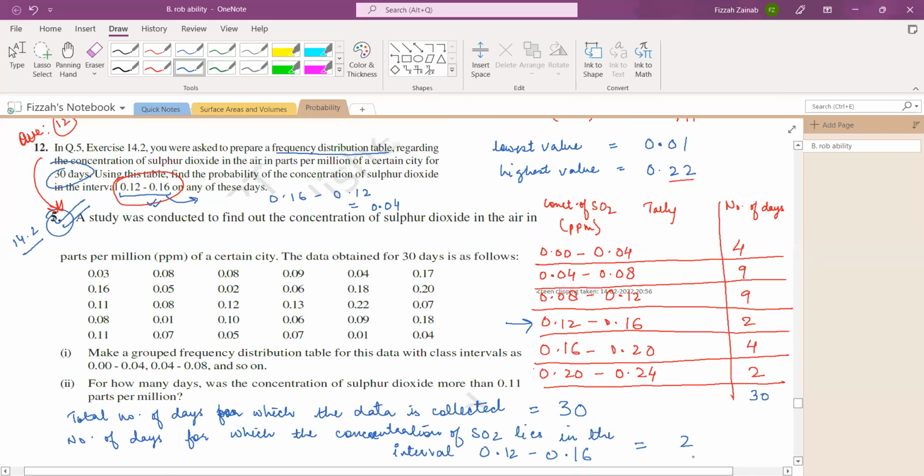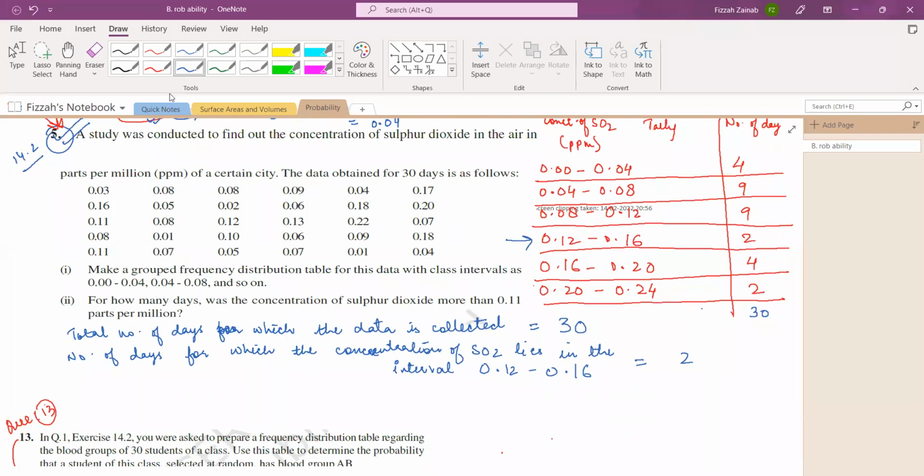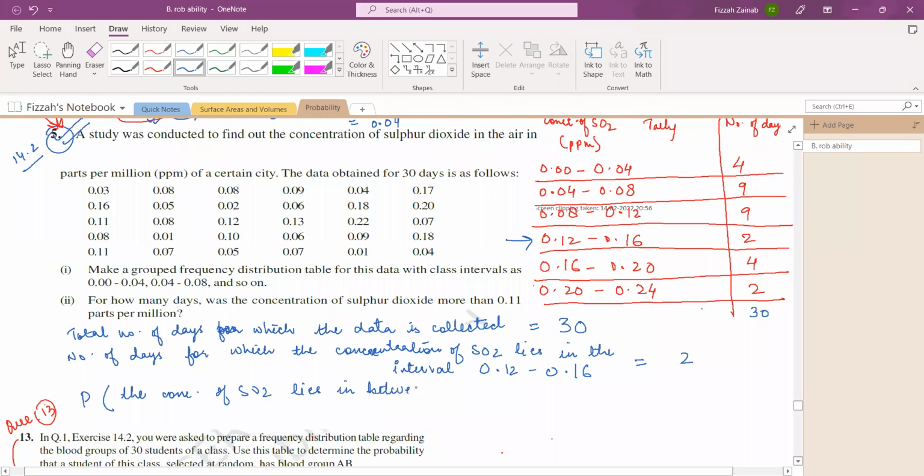So the probability that the concentration of SO2 lies between 0.12 and 0.16 on any day becomes 2 divided by 30, which you can write as 1 by 15. This is the probability.